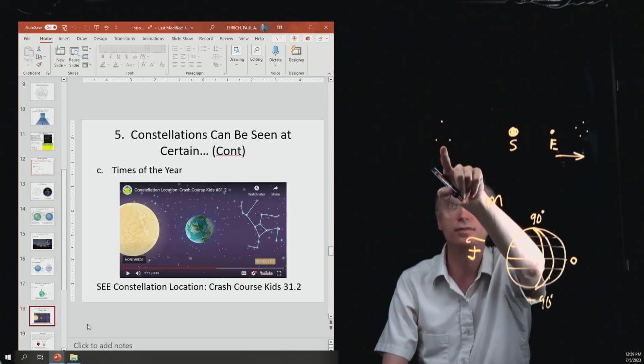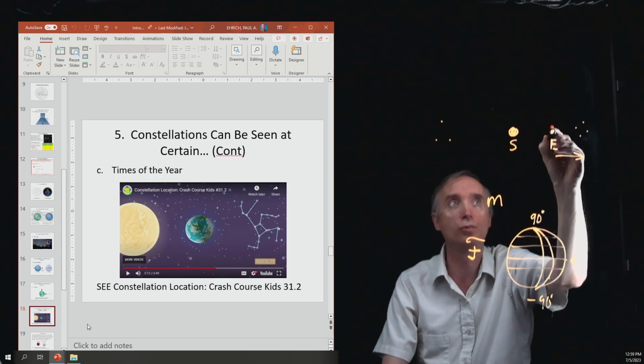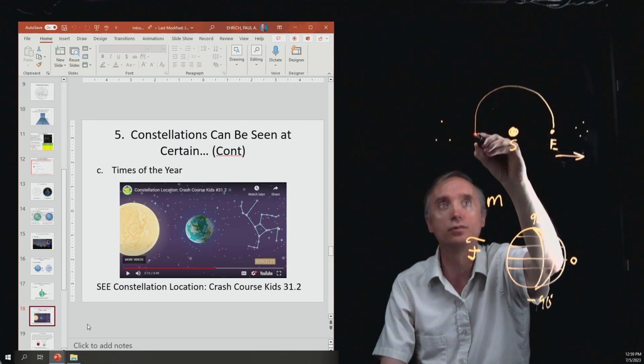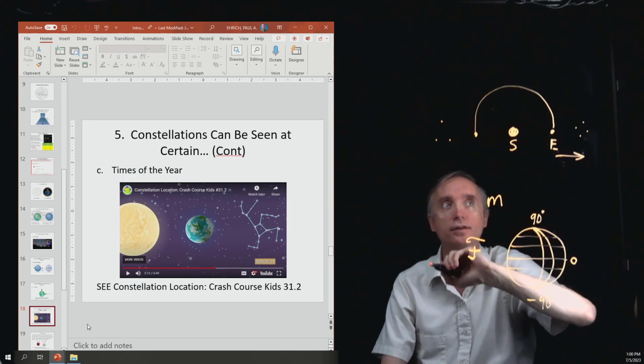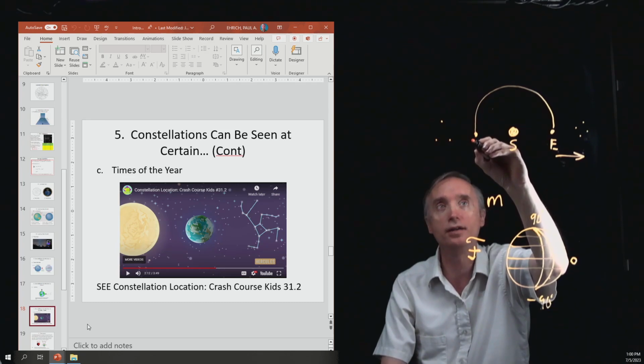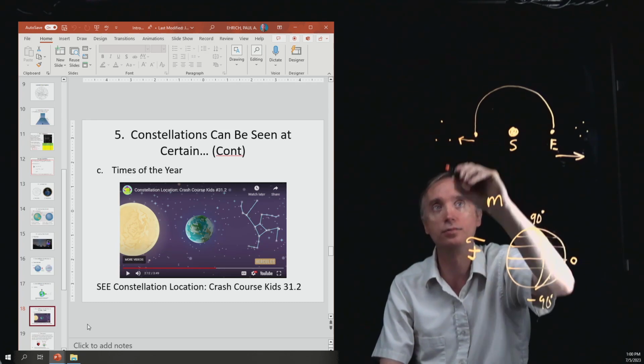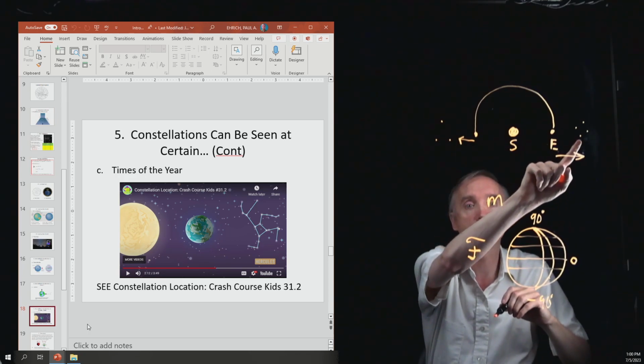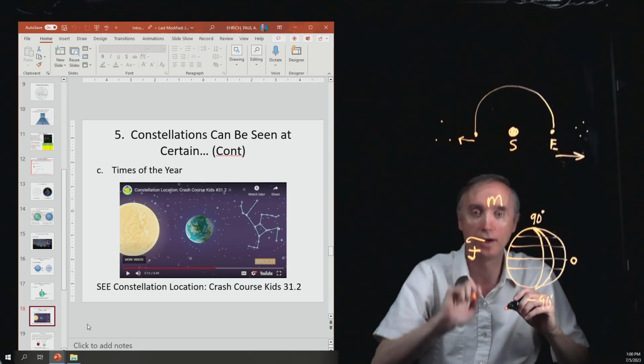So in order to see this constellation, you need to wait 6 months. So if the Earth goes over to here, now you're at night, you'll be looking in this direction and you'll be able to see this constellation, but now you wouldn't be able to see this constellation because the sun again would be in the way.